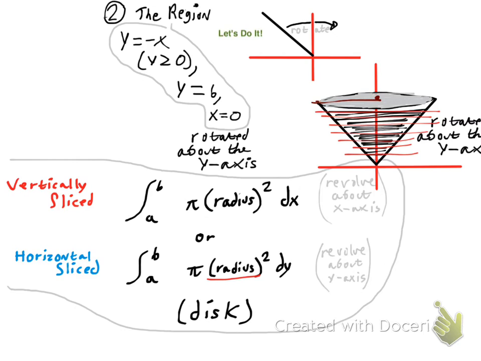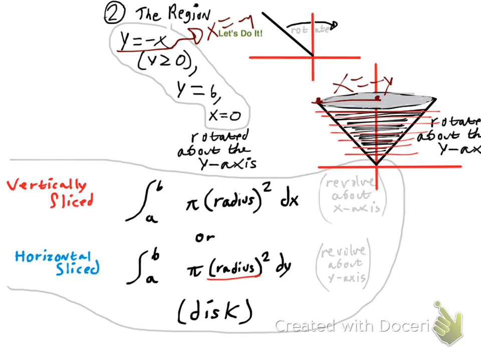The radius at any given point is given by the displacement horizontally from the y-axis, which is x equals something. That's what our radius is equal to. Or x equals negative y, right? Because y equals negative x here, which if we convert that into x's, you have x equals negative y.